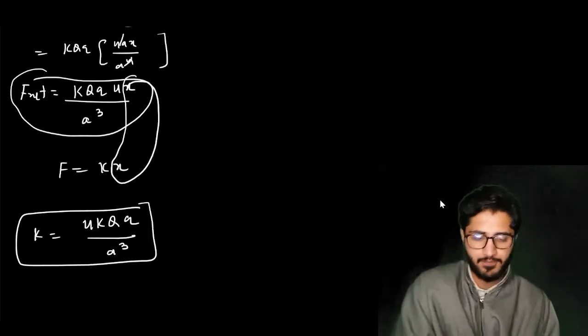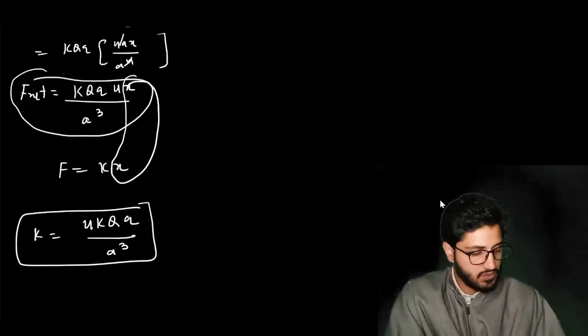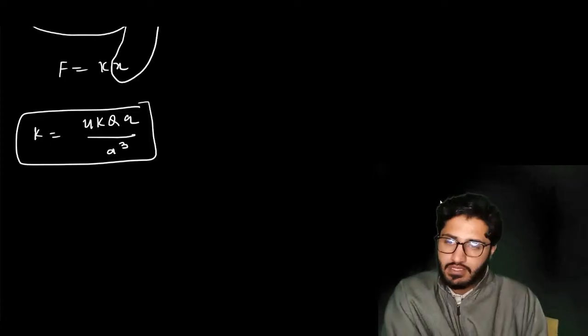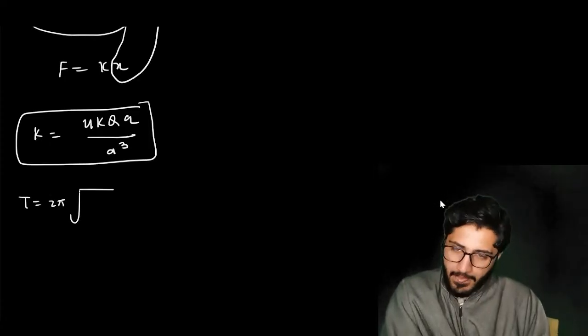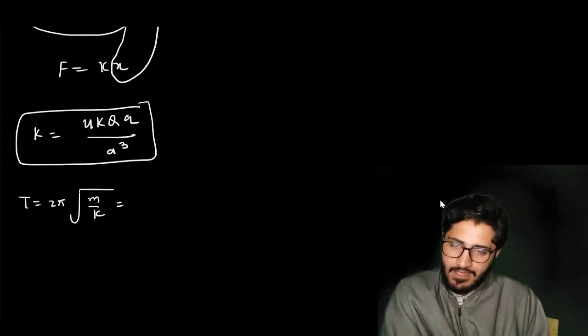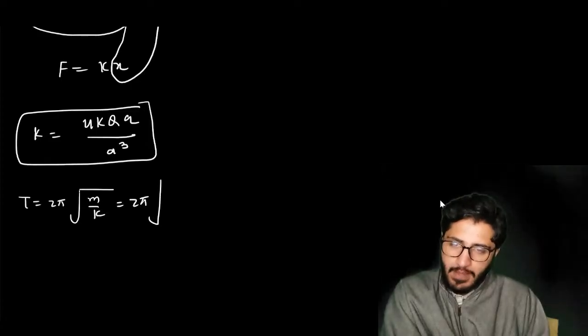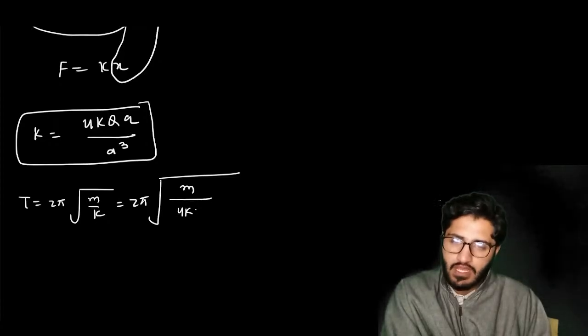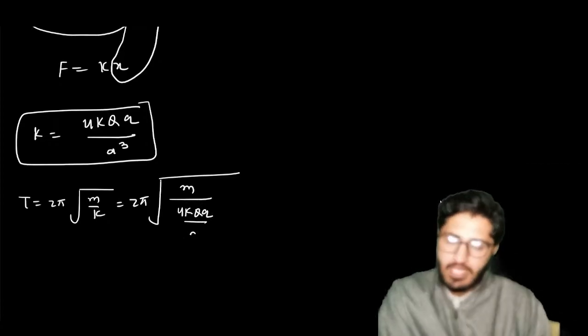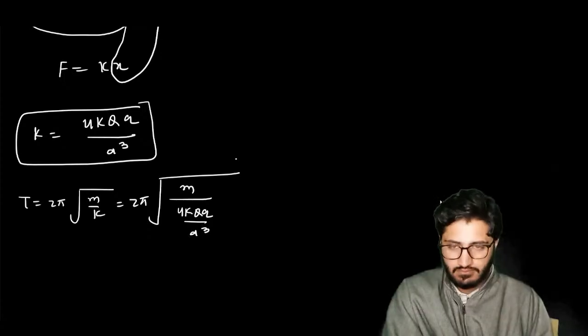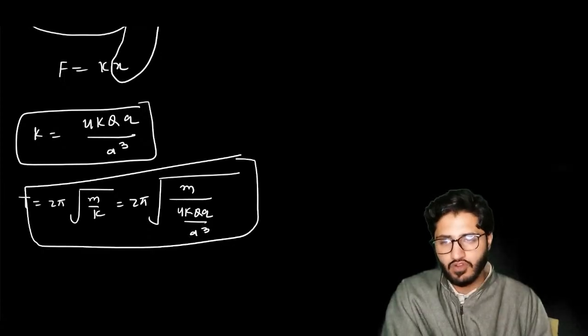This is my K. So can I write now my time period T equals 2 pi under root of m by K? M is m. What is K? K is 4KQ squared by A cube. This is the time period of this oscillation or SHM.